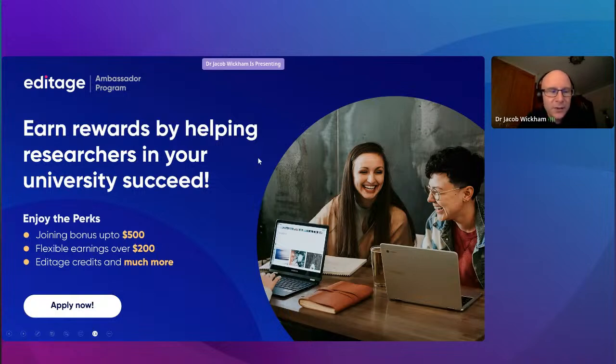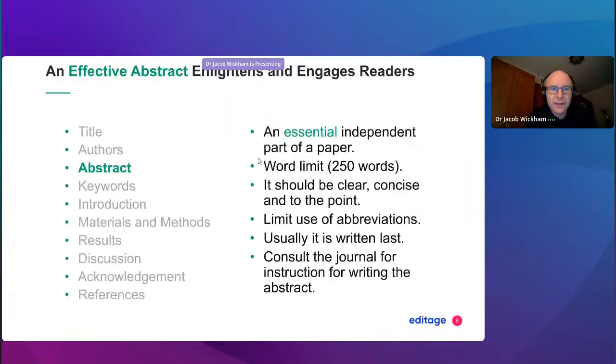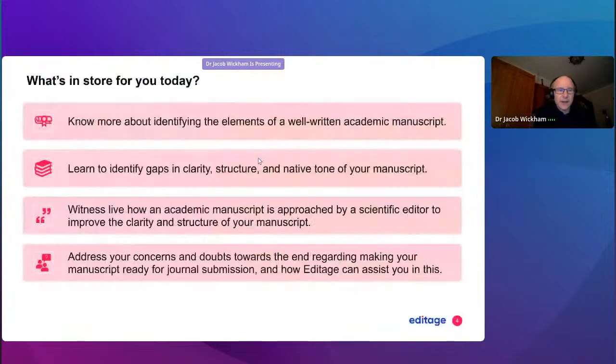So just to wrap up, I'm going to go back to our goals here, and if anybody has any questions, after you have your manuscript carefully edited and you have all the files that are ready, and it's ready for journal submission, if you have any other concerns or doubts about getting your manuscript ready for journal submission, please feel free to ask questions, and I think we have about 5 minutes for some Q&A right now.